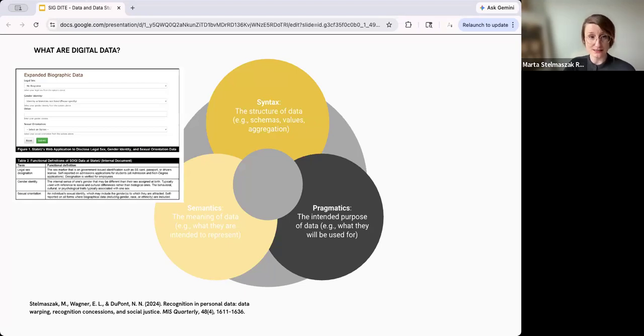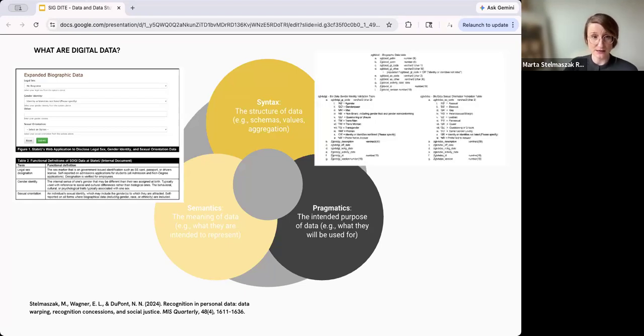We also talk about syntax, which is the structure of data, like schemas, values, and aggregation. In that particular case, we talk about the syntax, or if you'd like, the format in which the data was recorded. Here you can see on the screen the actual setup of the database that was created to reflect the change in how gender identity data was understood anew.